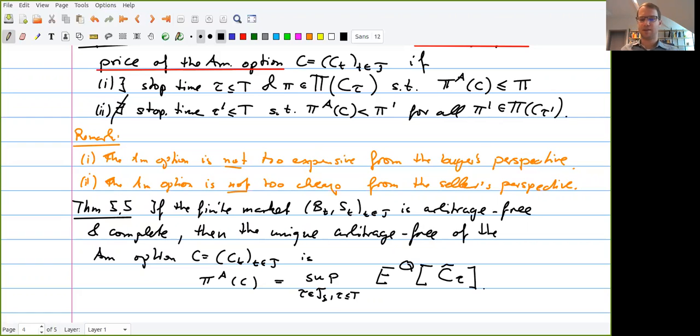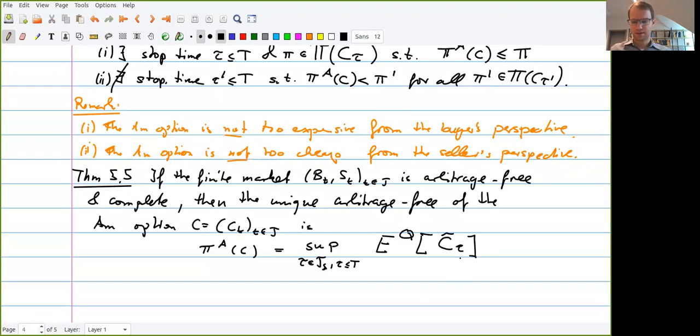So this is the maximal price of all the associated European options which I can create by stopping the American one. Just to keep in mind, as usual, Q is the unique equivalent martingale measure.